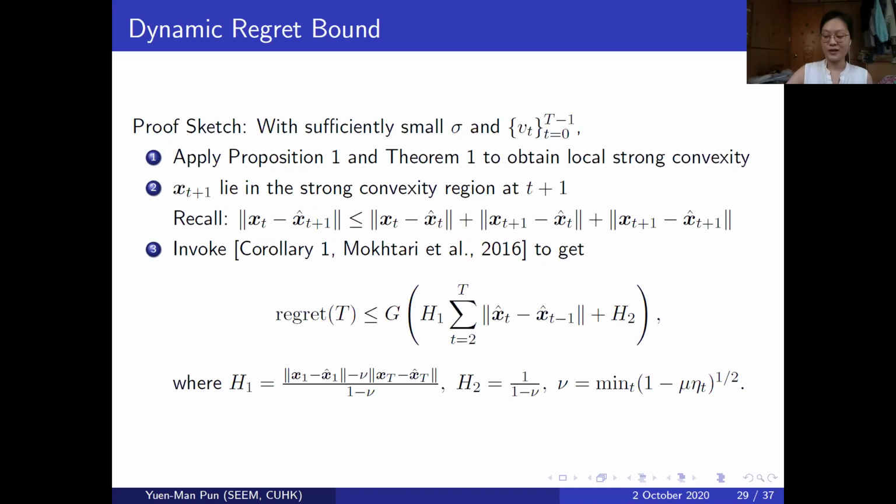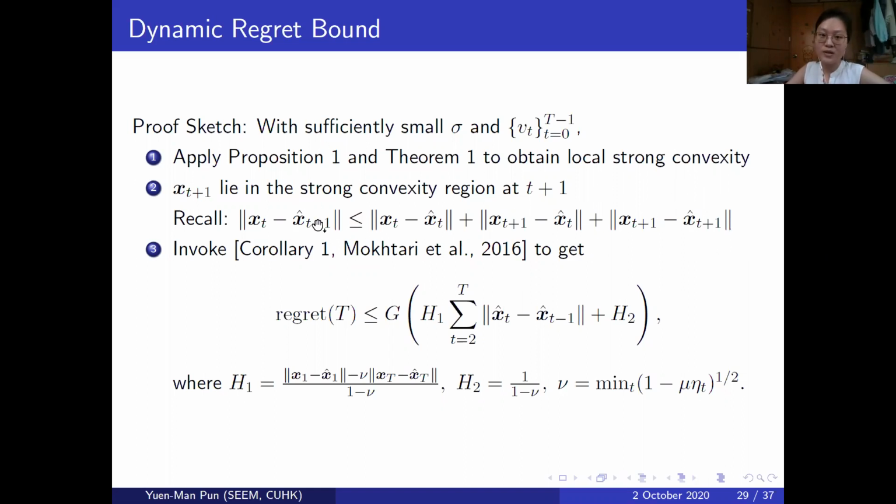And let me describe the flow again. We first apply proposition 1 and theorem 1 to obtain local strong convexity. Then we recall that xt, so this is xt, not xt plus 1, lies in the strong convexity region at t plus 1, with high probability and under the assumption that the path variation and the noise powers are small enough, because we have this inequality.